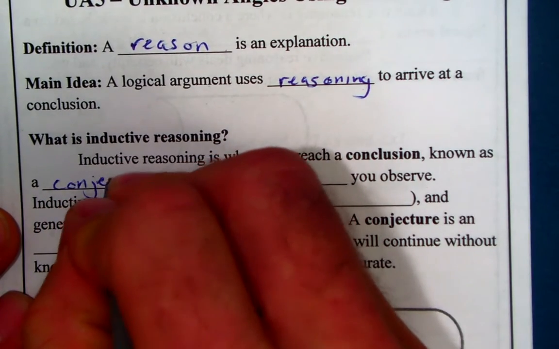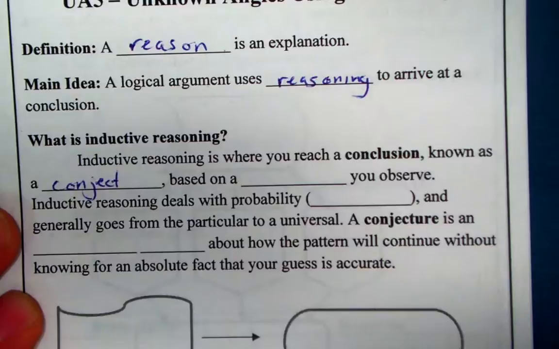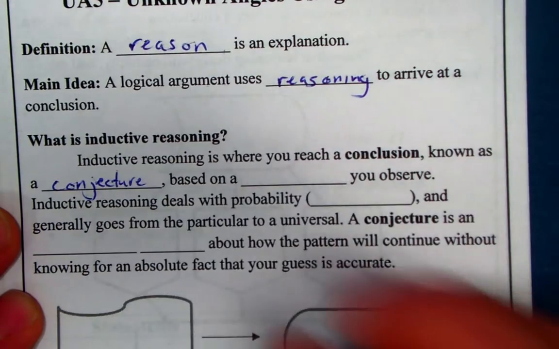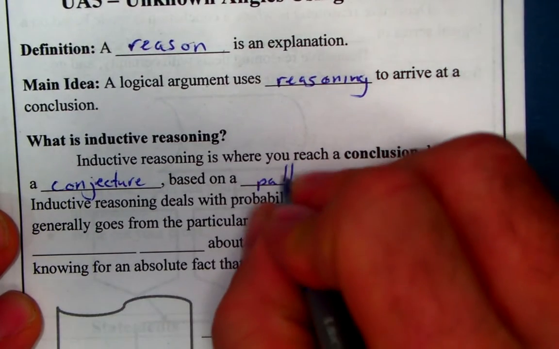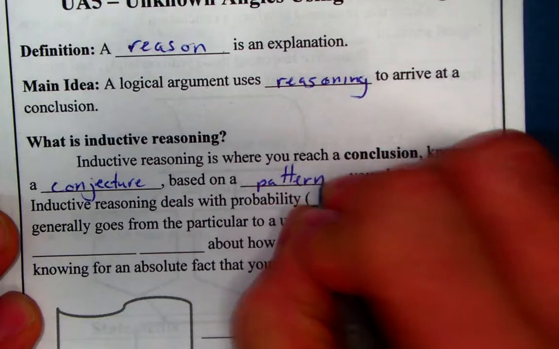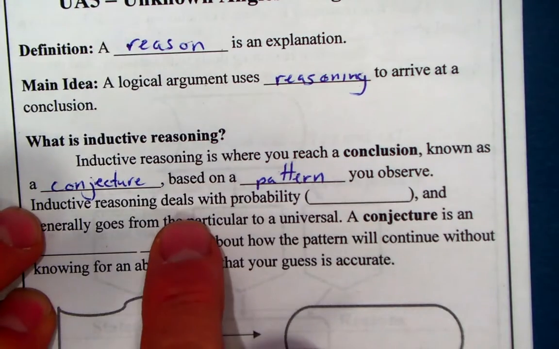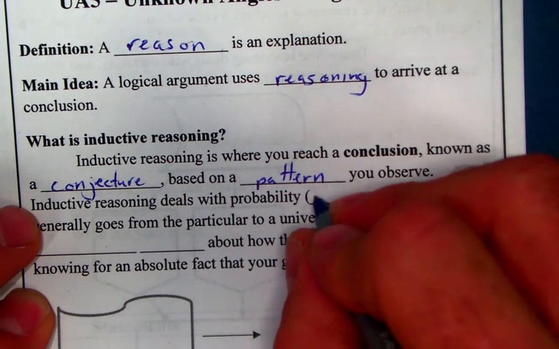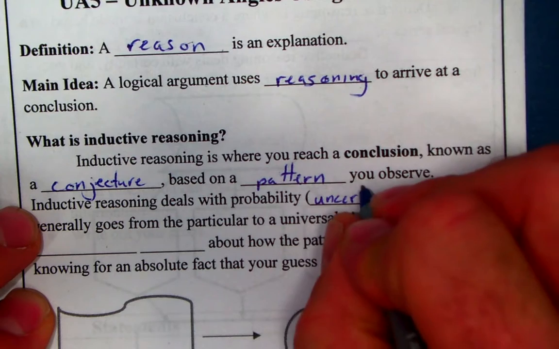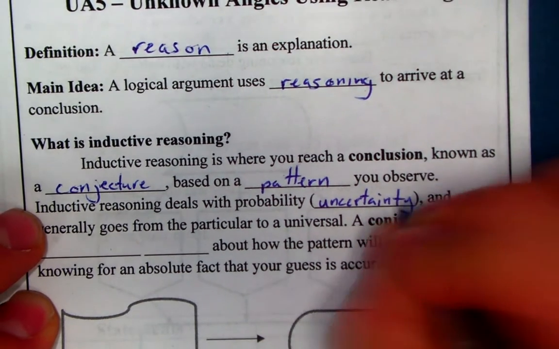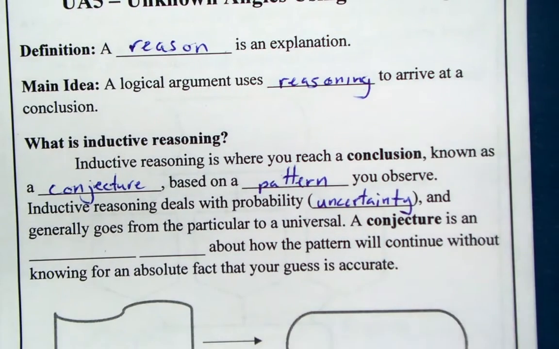Like I say that my answer is this, my conjecture is this, based on some kind of pattern you observe. That's inductive reasoning. So inductive reasoning deals with probability, or basically uncertainty. Like, I'm 80% sure based on this pattern that my answer is correct.